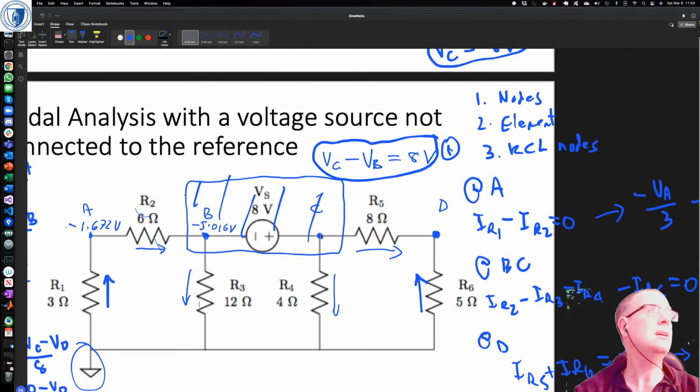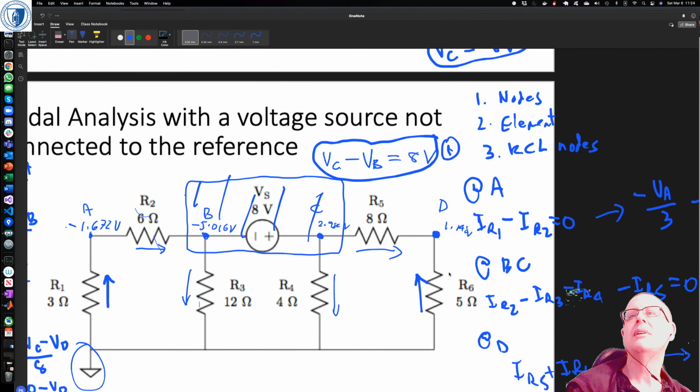The voltage here is 2.984, and the voltage here is 1.148. And I think that sort of makes sense because of the way the voltage source is not connected to the reference.